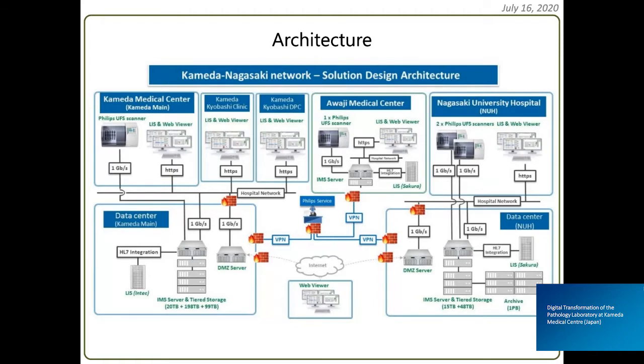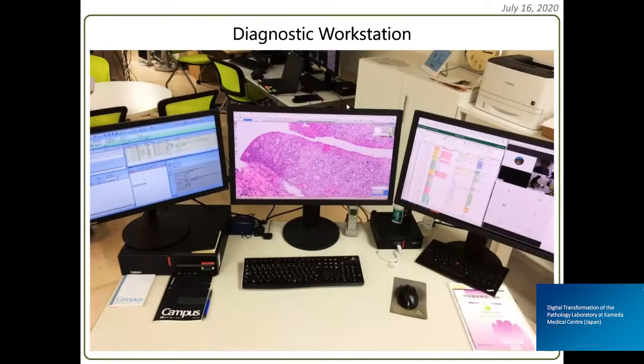Well, let's get down to the basics. And this is my desk with three screens. It is the usual setup for the so-called diagnostic workstation, or as some people call it, a cockpit for digital pathologists. We choose to work with two or three screens instead of a single screen.